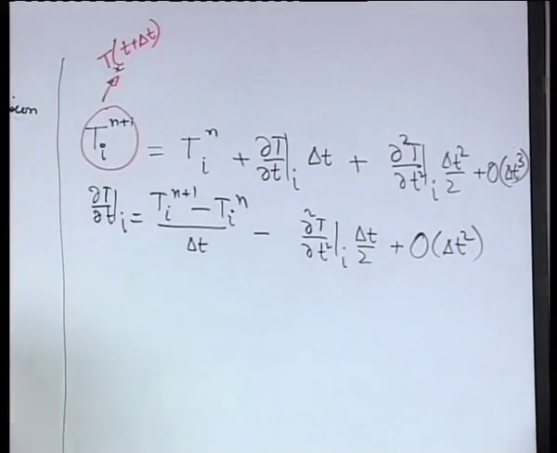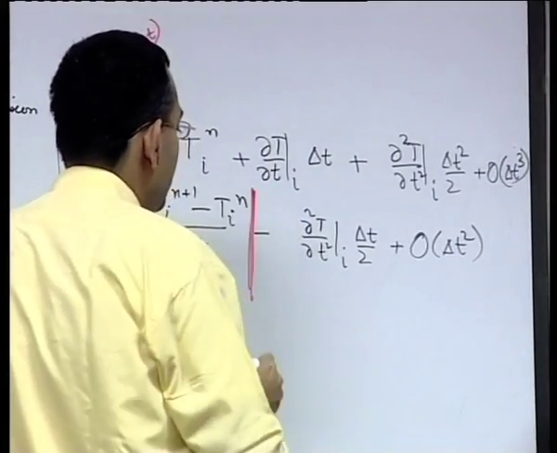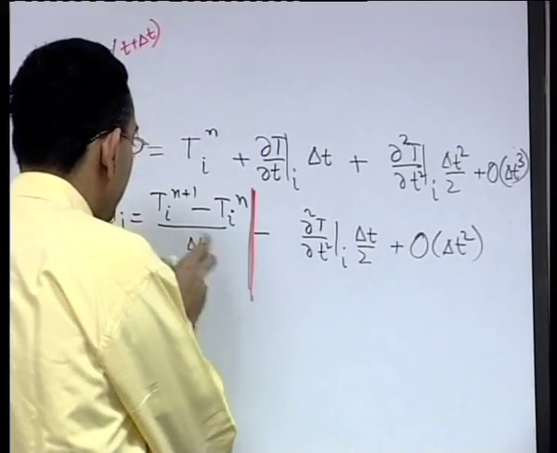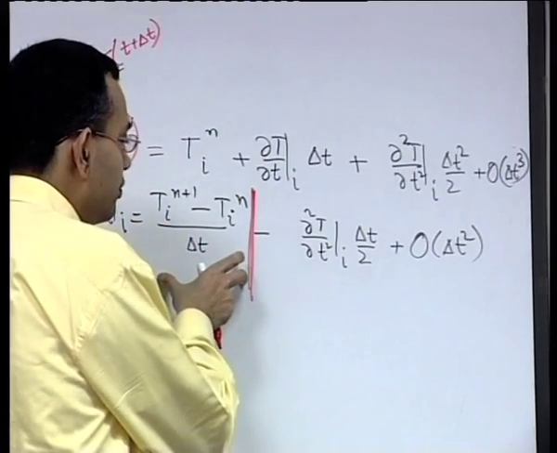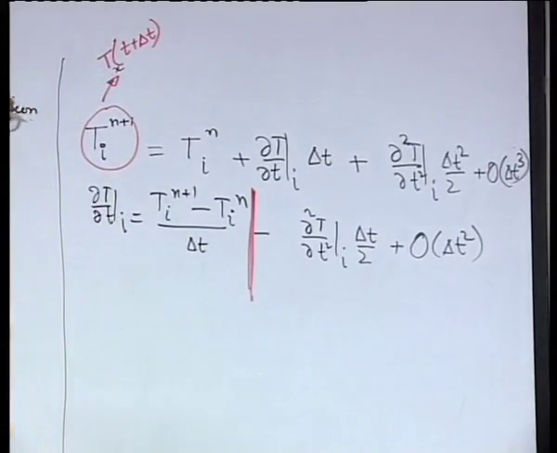Order does not get changed with sign. So, it is just division by delta t makes it order of delta t square. So, if you now truncate the Taylor series up to this term, then this is the representation of the forward difference for the first order time derivative.